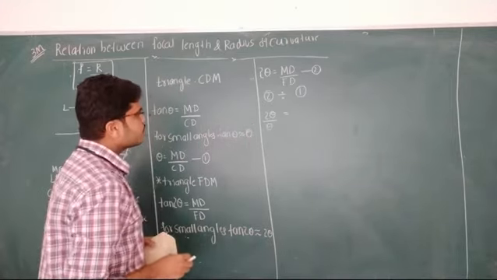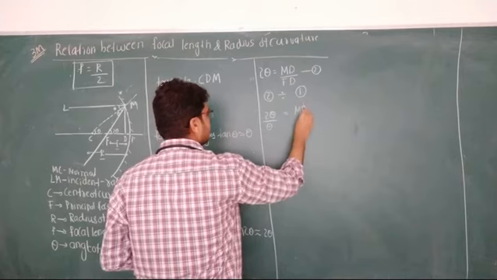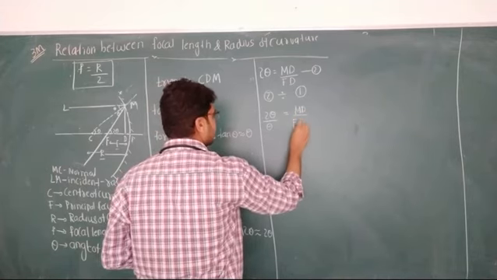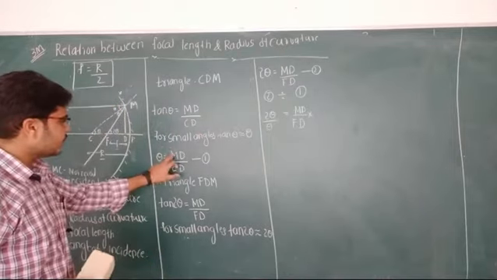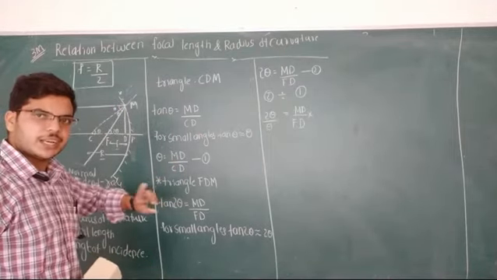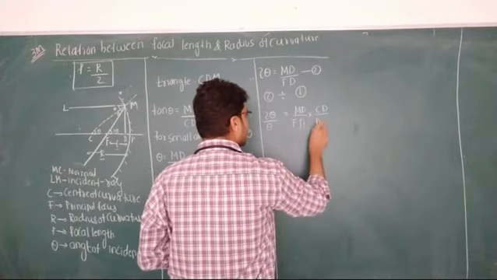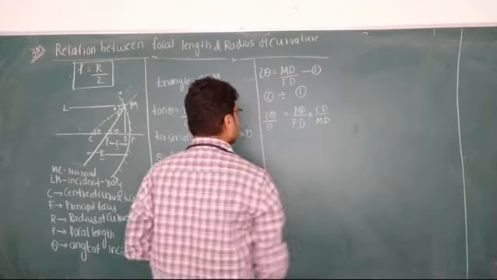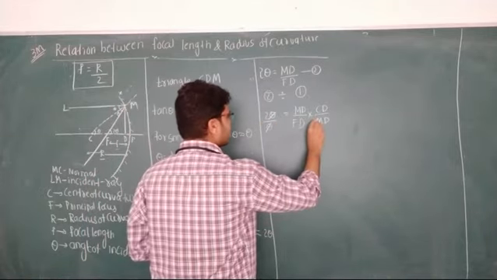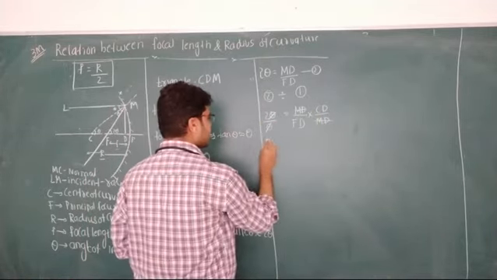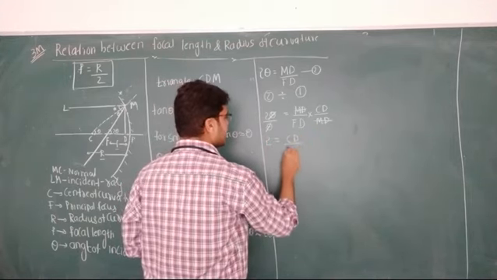Now equation number 2 RHS is MD divided by FD, and equation number 1 RHS is MD by CD. By rearranging, I can write it as CD divided by MD. Now look here. Theta will get cancelled, MD will get cancelled. Therefore, 2 is equal to CD divided by FD.